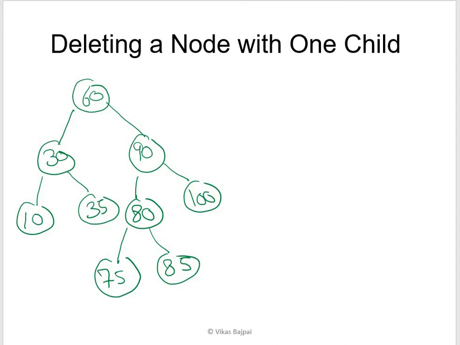Okay, so here my example is not complete because there isn't any node in which I have one child. So let me add some more to it.